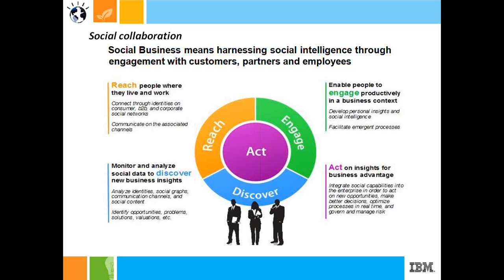You can monitor what people are doing, discover new business insights, analyze ideas, identify ideas, engage people to improve productivity, and act on insight for business advantage. So integrate social capabilities into the enterprise in order to add new opportunities, make better decisions, optimize processes in real time, govern and manage things.